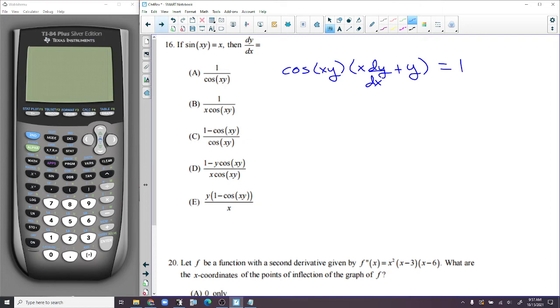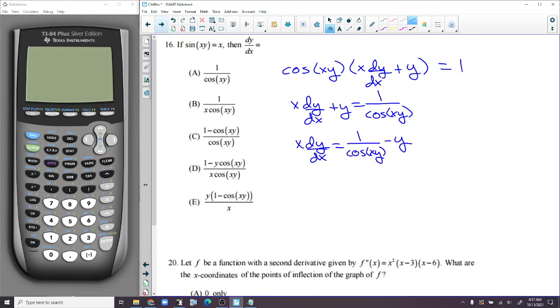So let's divide by the cosine. Minus the y over, and multiply by 1 over x, or divide by x.